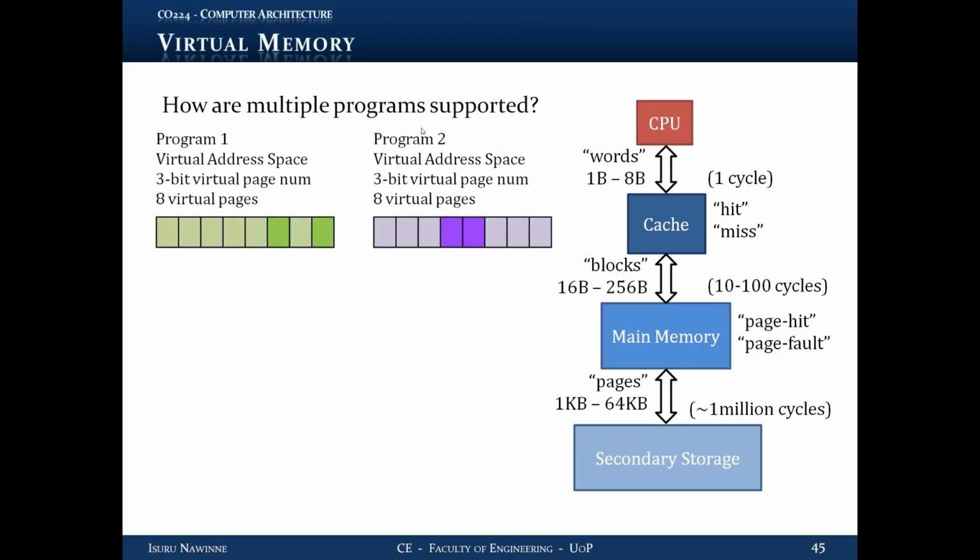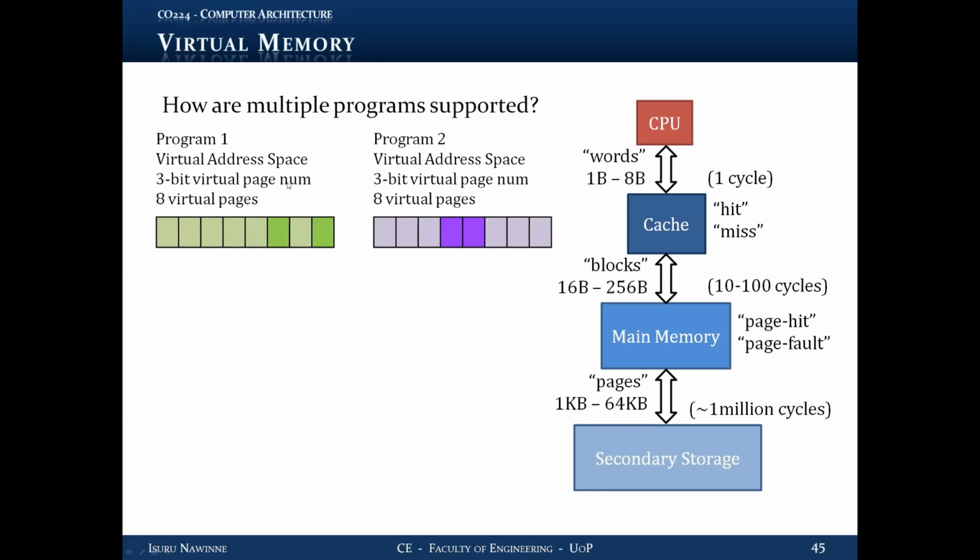Okay. So now we are looking at 2 different address spaces of 2 different programs. One program here, program number 1, we are showing in green color. It has a virtual address space of 8 virtual pages, right?